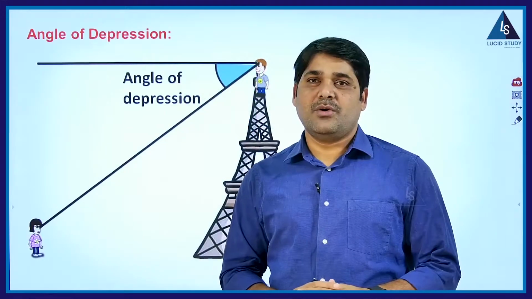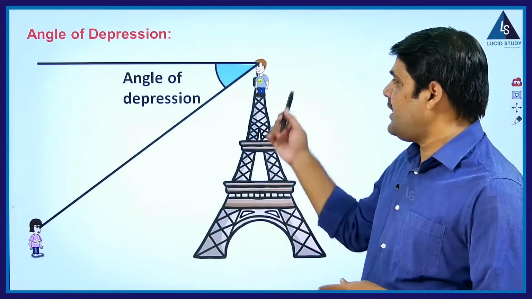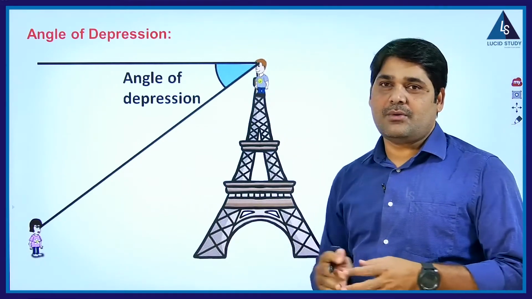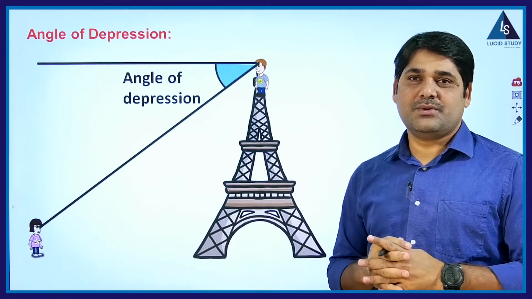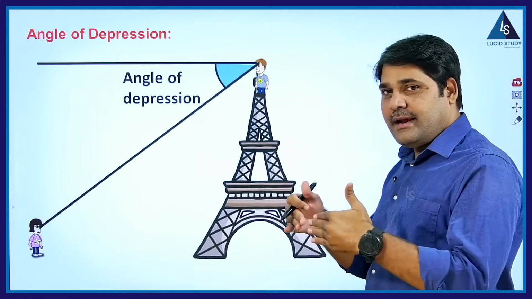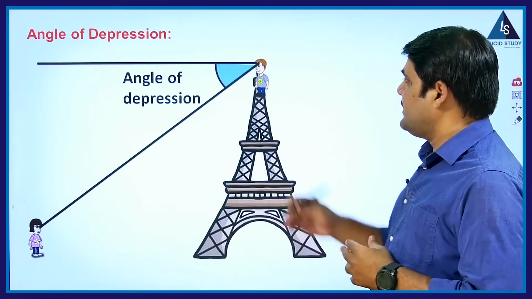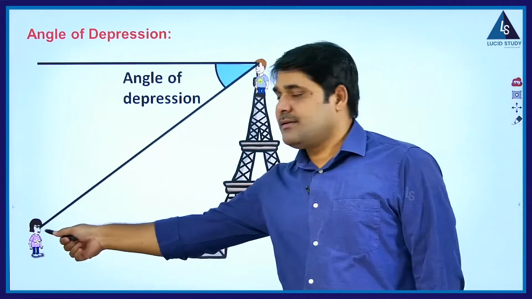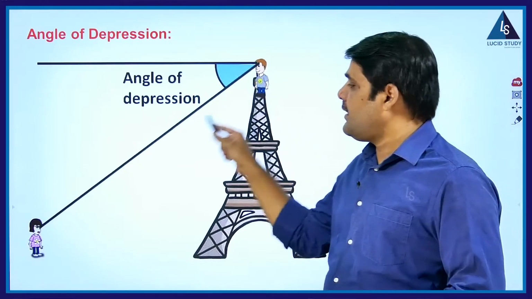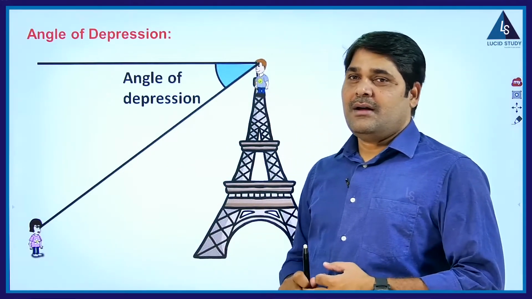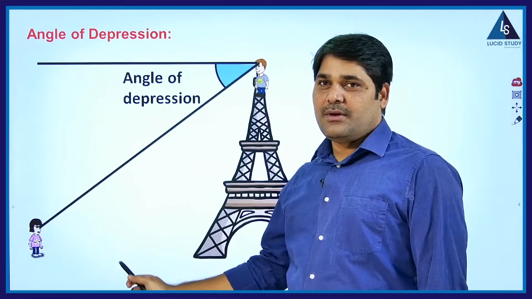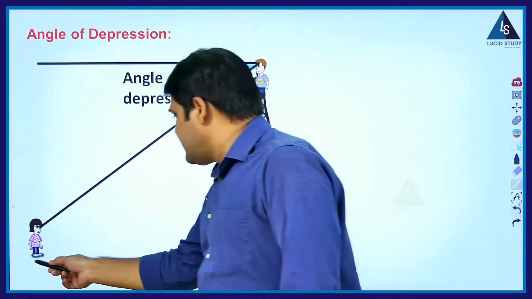Okay, next one more. One boy is standing on the Eiffel Tower and he is observing a boy who is walking on the ground. So how does he have to see him? He has to see him by lowering his eyesight. See, this boy is watching this boy like this. Here this is the line of sight. Now this is the line which is parallel to the ground. Suppose this is the earth.